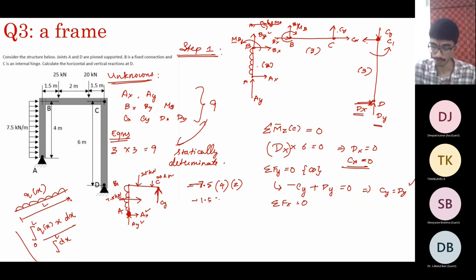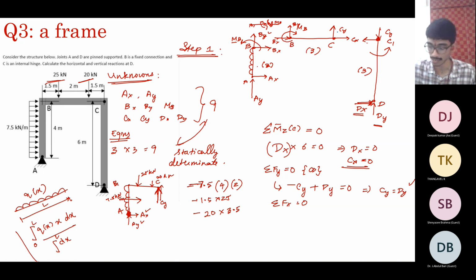Minus 1.5 into 25. So this 25 acts at a distance 1.5 and this 20 acts at a distance 3.5. And that also creates a counterclockwise moment. Minus 20 into 3.5. But the Cy is acting upwards.